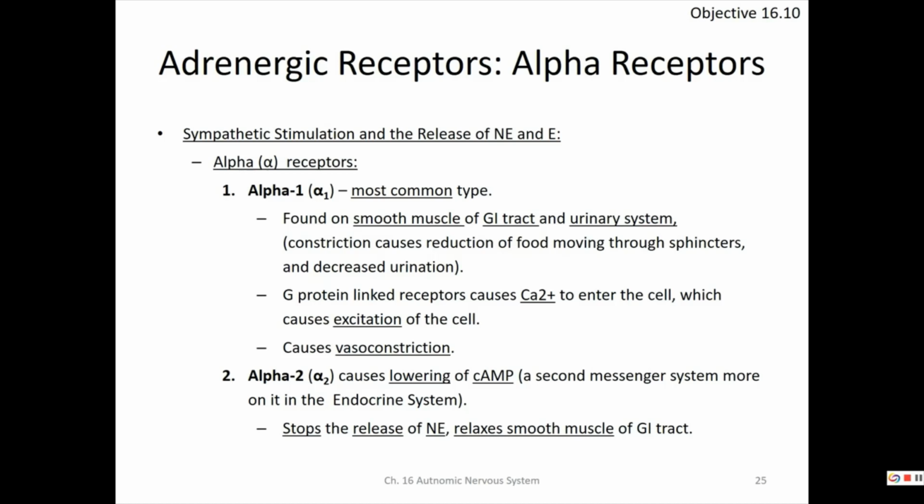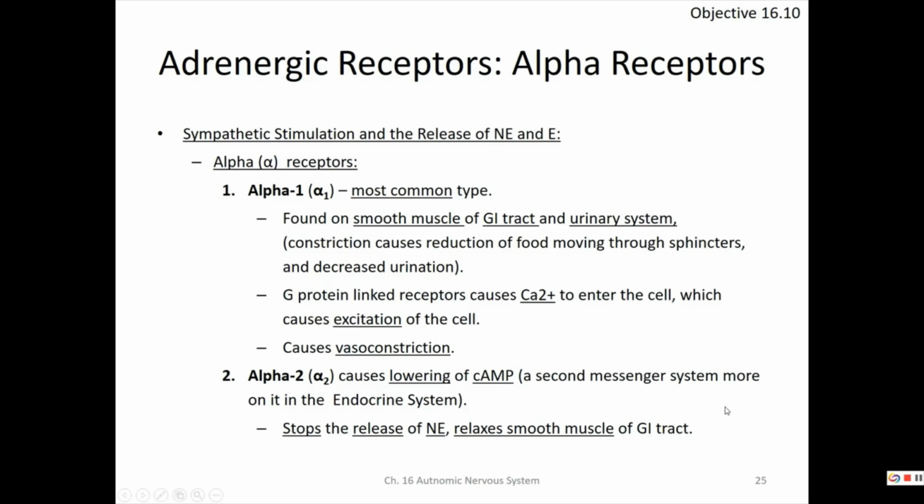Okay, GI tract muscles become relaxed, the sphincters contract, so food doesn't move through with alpha 1s and alpha 2s. So alpha 1s, you contract the sphincters, reduce movement. You don't move things through sphincters anymore.